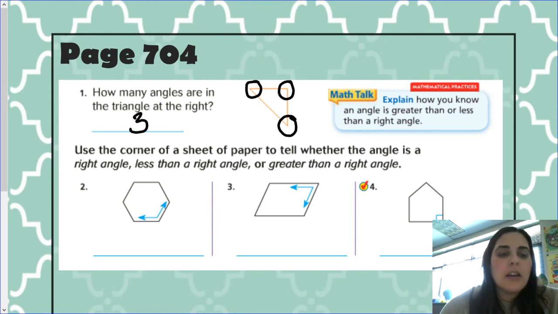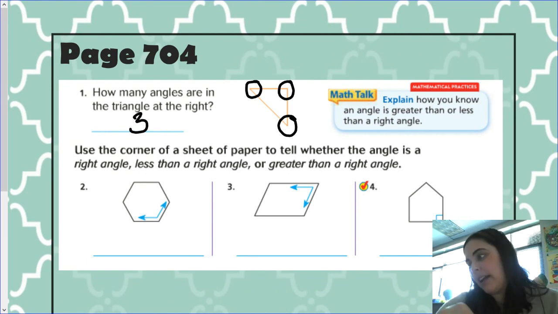Okay. All right, numbers 2, 3, and 4. The directions say, use the corner of a sheet of paper to tell whether the angle is a right angle, less than a right angle, or greater than a right angle. So here I just want you to take your straw.